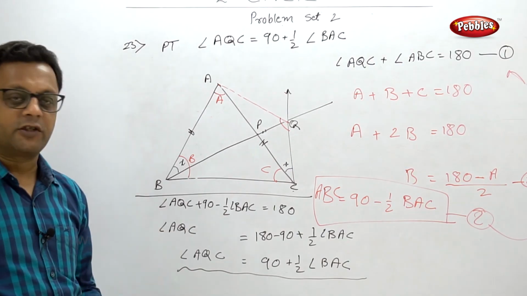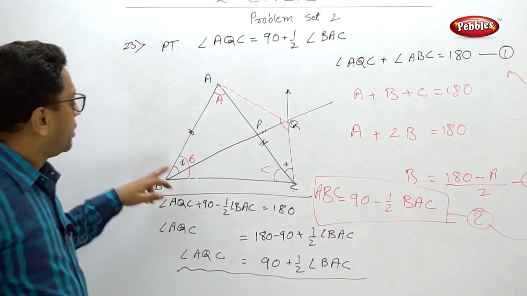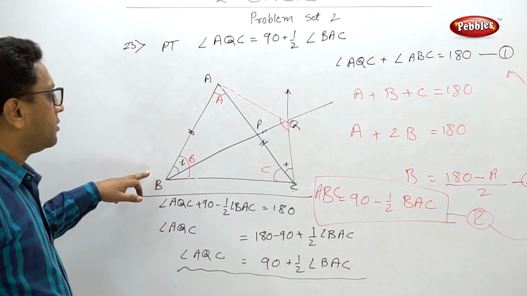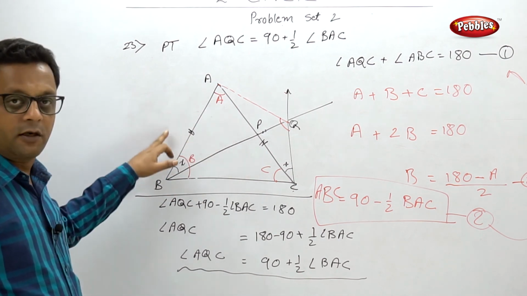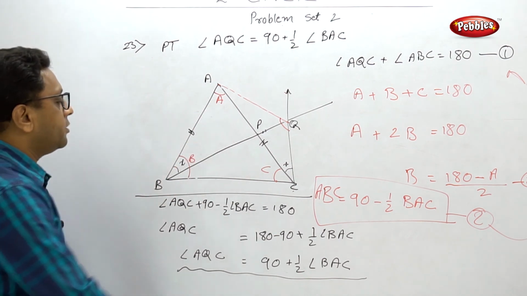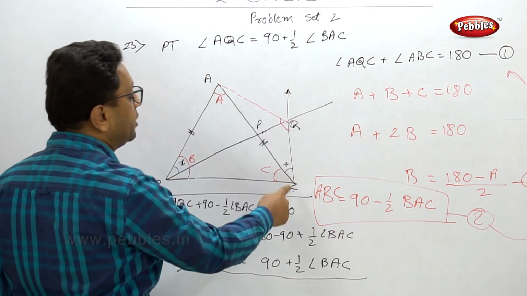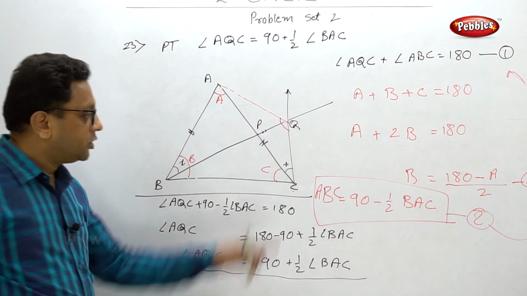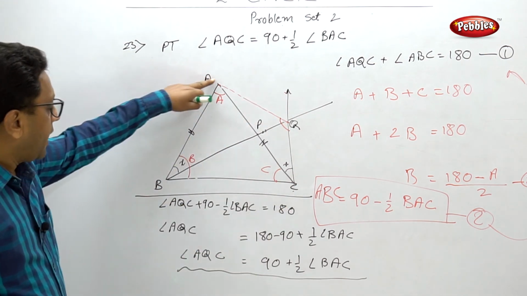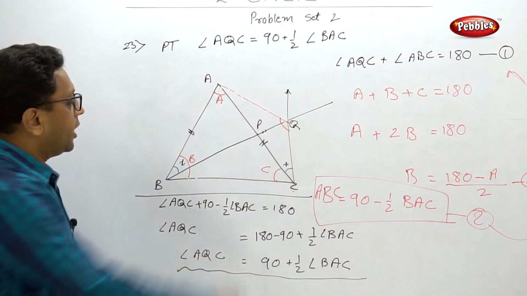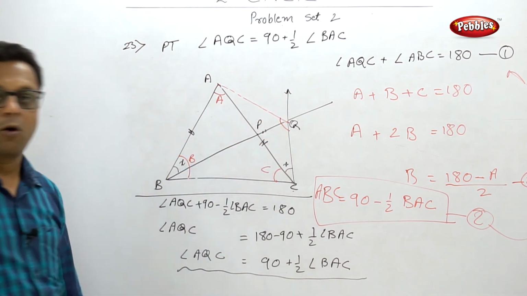Let me explain this again. This is a triangle where two sides are congruent. Then there is some point P and we have extended BP and we have drawn CQ in such a way that angle ABQ and ACQ are congruent.